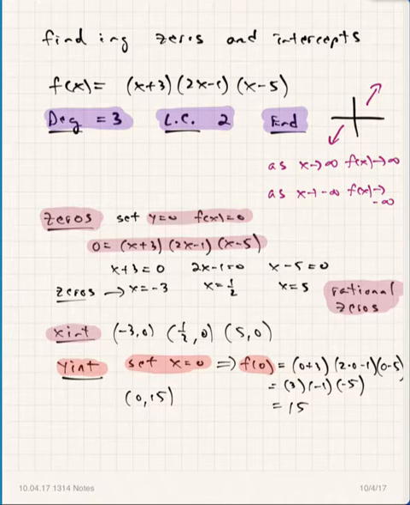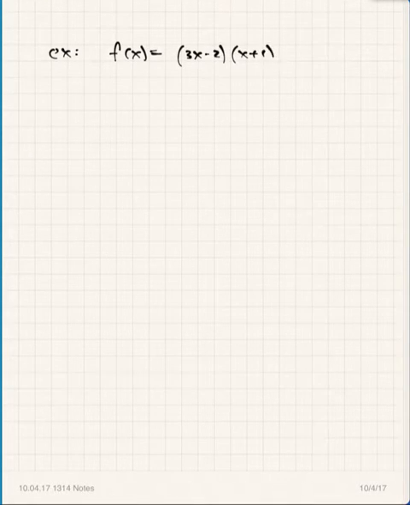Now, there are definitely different situations we need to talk about. I wouldn't necessarily say complications. So let's say we have f of x is 3x minus 2 times x plus 1 times x minus 4 quantity squared.